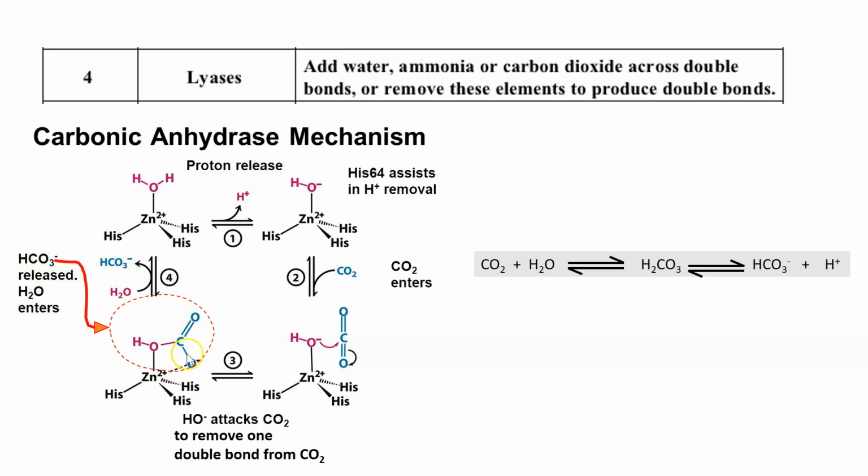This bicarbonate is released into the plasma, so the CO2 that originally existed like this becomes bicarbonate, which is released into the plasma. So CO2 doesn't bind to hemoglobin; it becomes bicarbonate. Then it's taken to the lungs, and you get the reverse reaction.